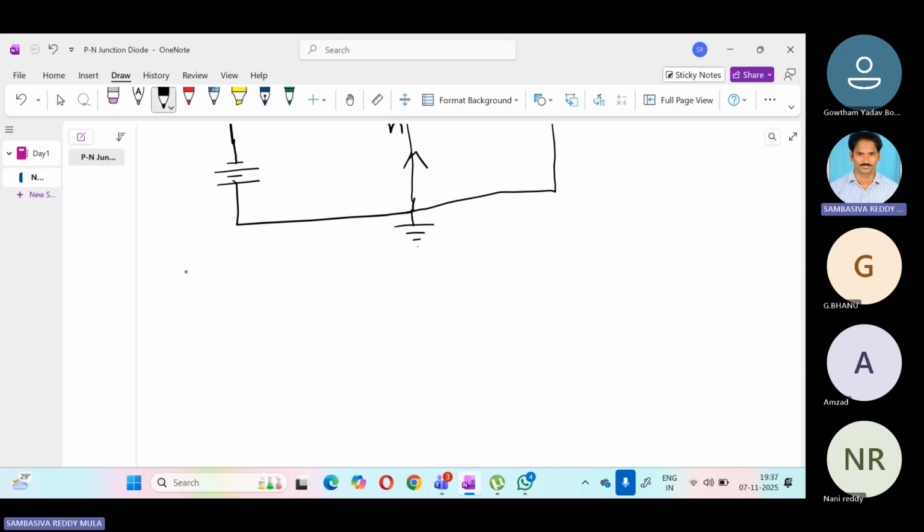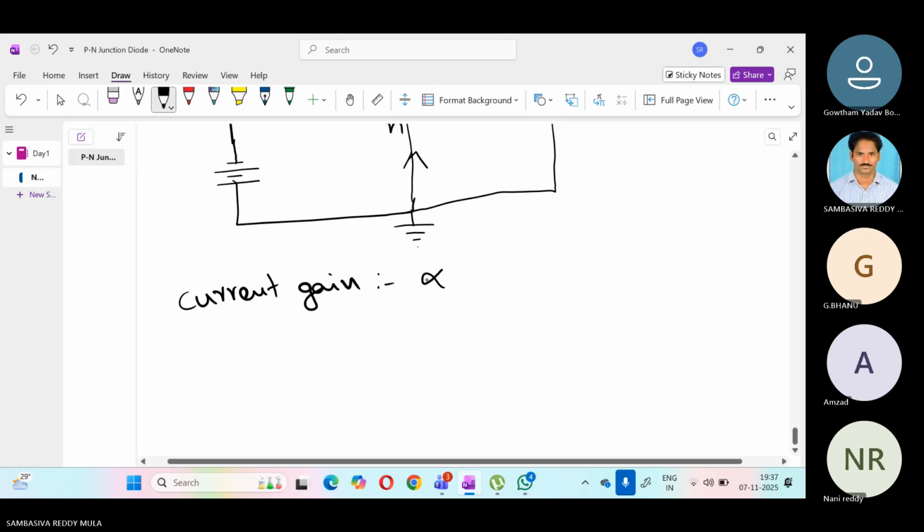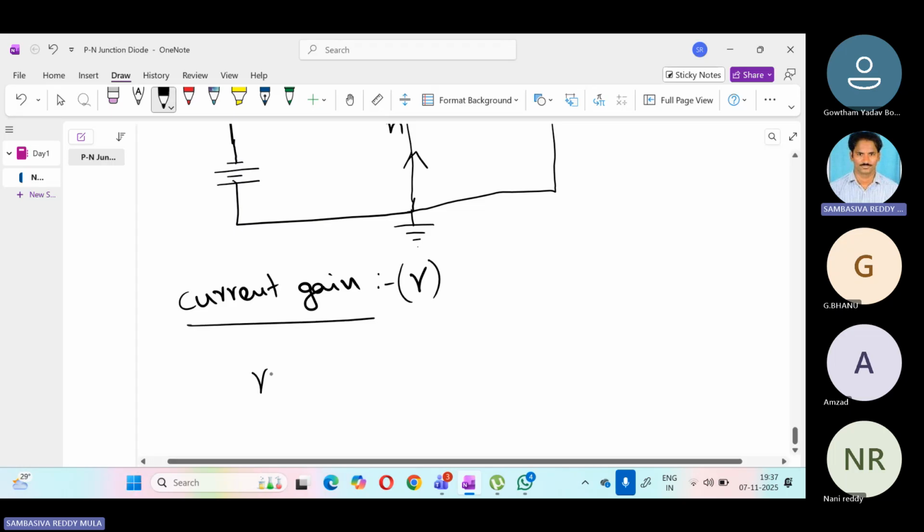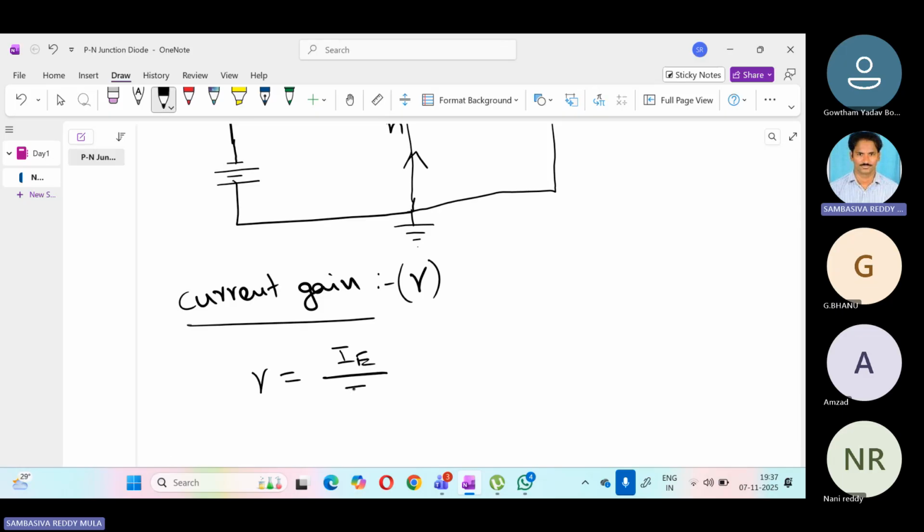So the current amplification factor or current gain in the CC configuration is represented as gamma. So gamma is the output current, the emitter current, divided by the input current. Input current is the base current.